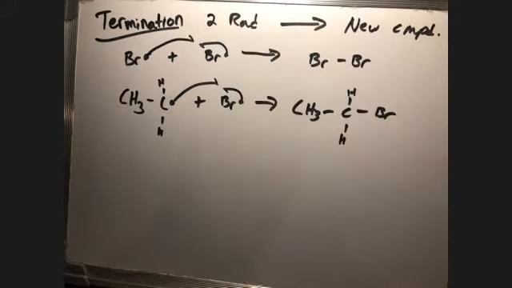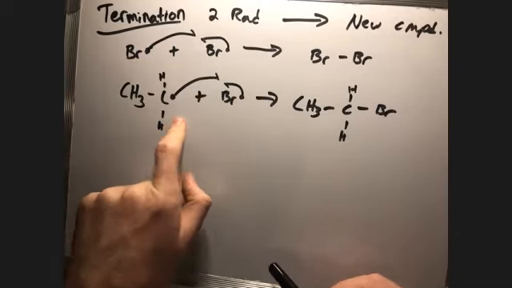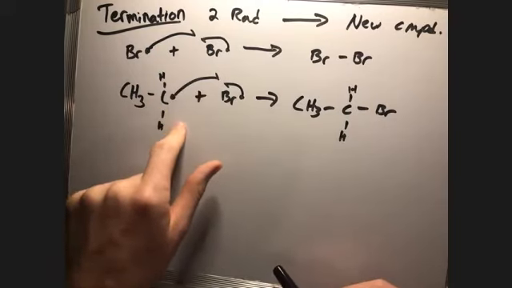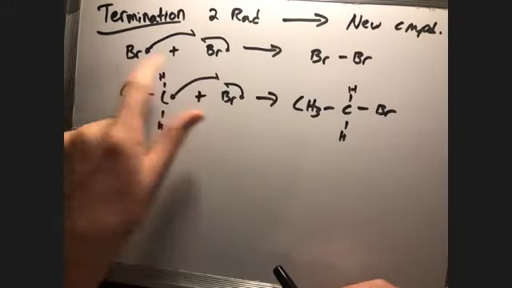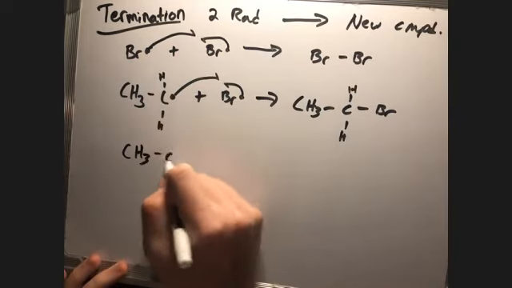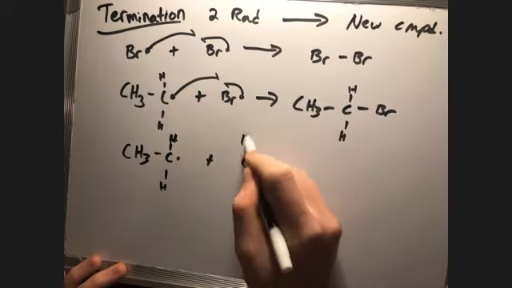So now, are there other radicals in our system, right? We have bromine and CH3, the carbon radical. So we can also have two carbon radicals react instead of having two bromine radicals react. Right? So you could get this happening.